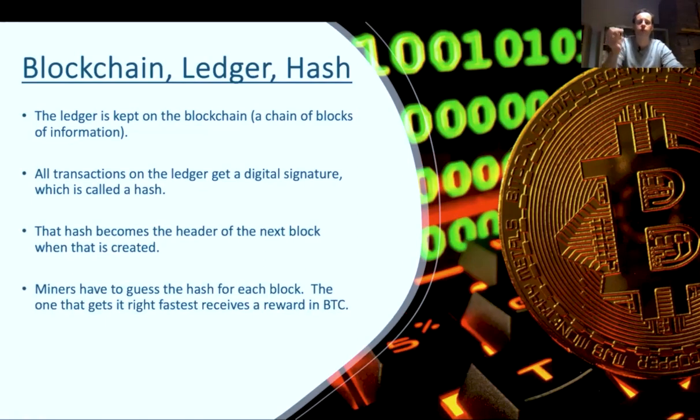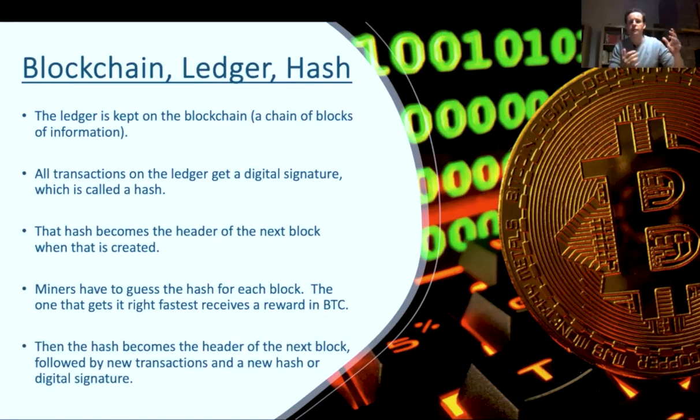It needs powerful processing because it's not a simple puzzle to solve. And essentially, the one that gets it right fastest receives a reward in BTC. And then that hash becomes the header of the next page, followed by a set of new transactions and a new hash or digital signature. And that keeps going and going, and is why it secures the whole network and why transactions are immutable, or can't be edited once they're final.